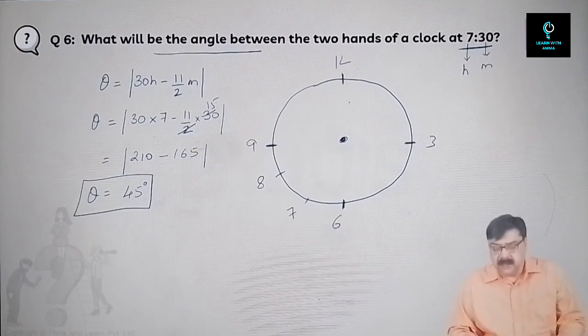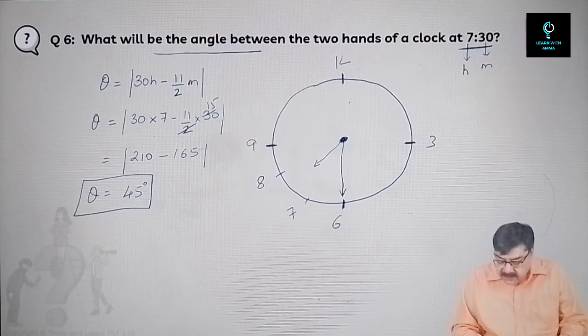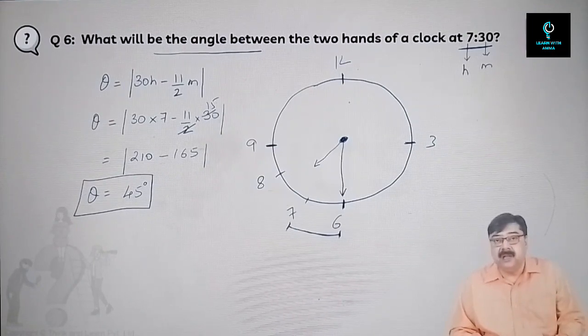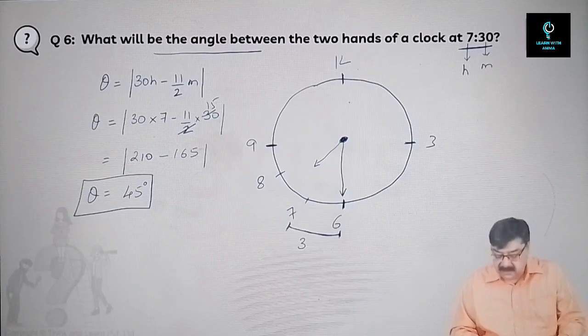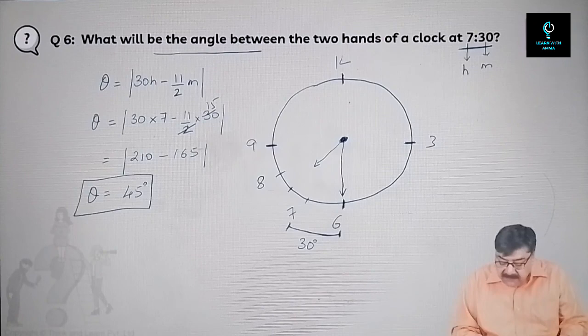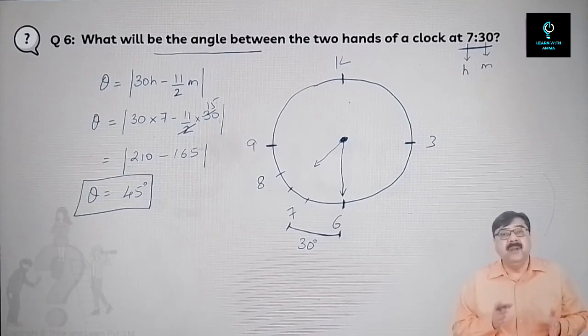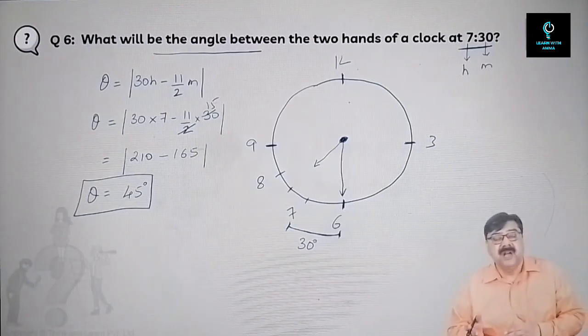Now you remember the analog clock, 7:30 looks something like this, right? Now see, how much is the angle between the two hands of a clock in 1 hour duration that we discussed? Between 6 and 7, there is 30 degrees of angle. Then from 7 to halfway. Why halfway? Because 7:30 is a timing at which half an hour has already elapsed after 7 o'clock.